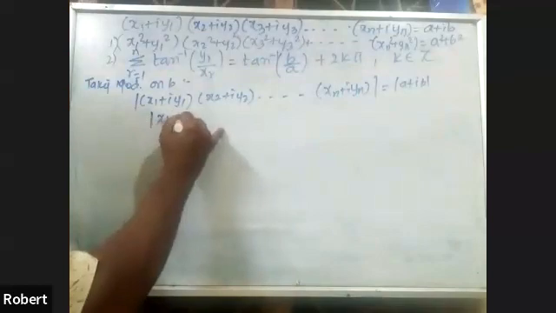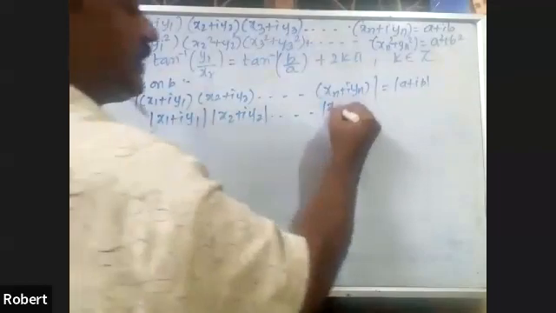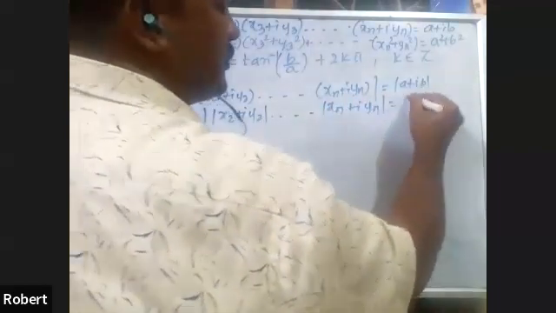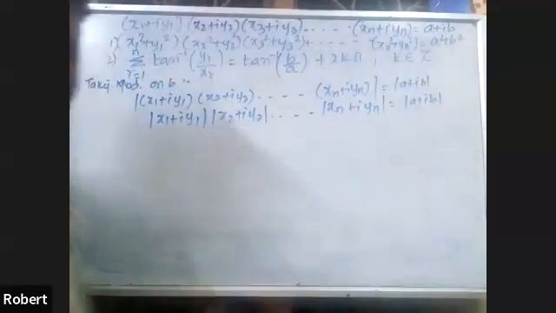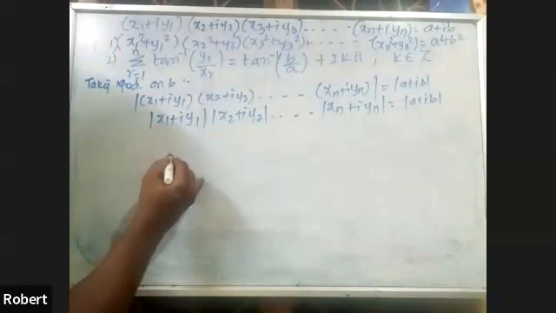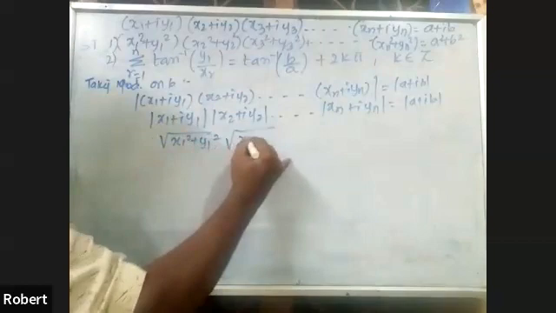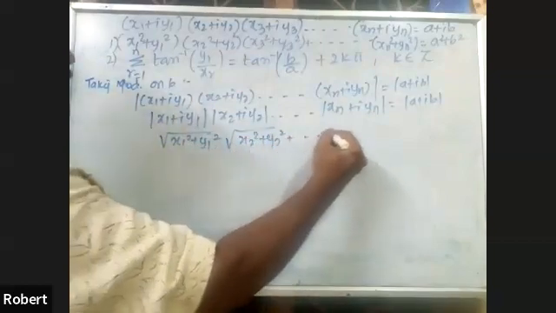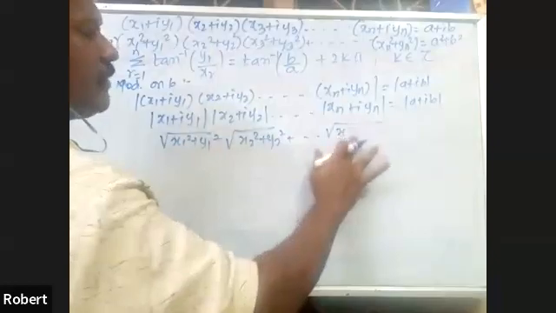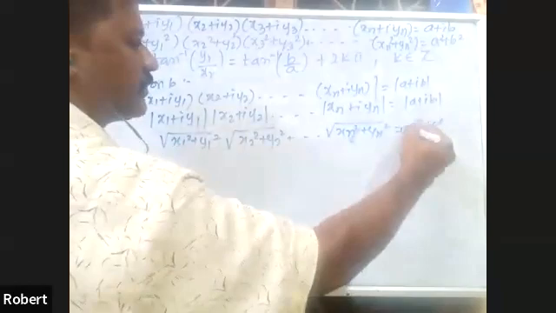Therefore, I can write the modulus of x1 plus iy1, the modulus of x2 plus iy2, and so on up to xn plus iyn, equals the modulus of a plus ib. We know how to find the modulus: if z is equal to a plus ib, then the modulus is the square root of a square plus b square. Here, the modulus of x1 plus iy1 is the square root of x1 square plus y1 square, then the square root of x2 square plus y2 square, and so on up to the square root of xn square plus yn square, which equals the square root of a square plus b square.